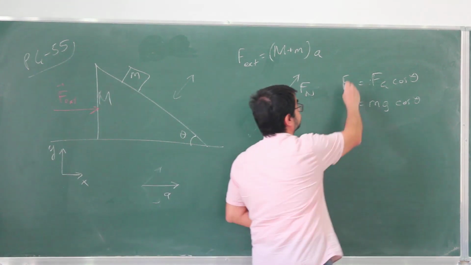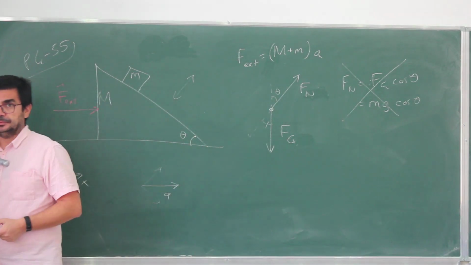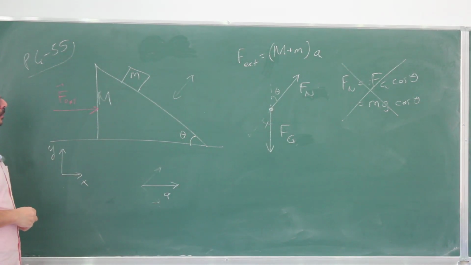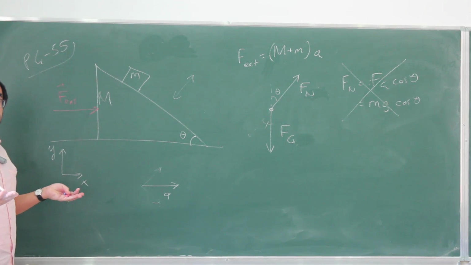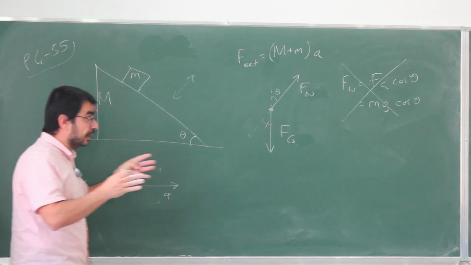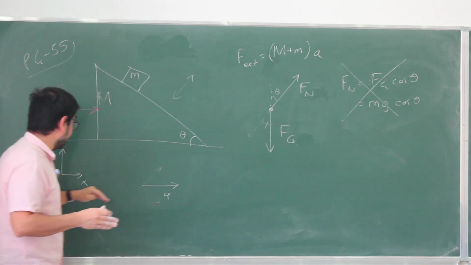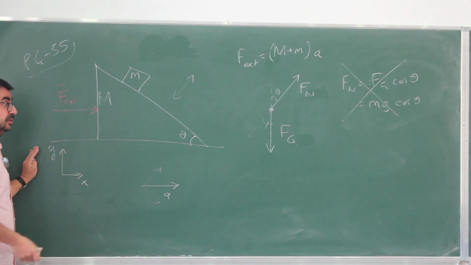This is wrong. And now the hint they gave us becomes useful, because in what direction do we not have the acceleration? There is a direction in which we don't have the acceleration. It's pushing this way, everything is moving that way, so we have an acceleration in the x direction, but no acceleration in the y direction. Nothing is moving in the y direction. Everything is moving in the x direction.